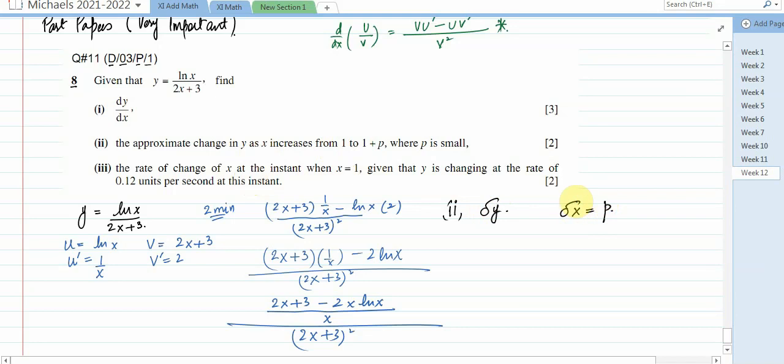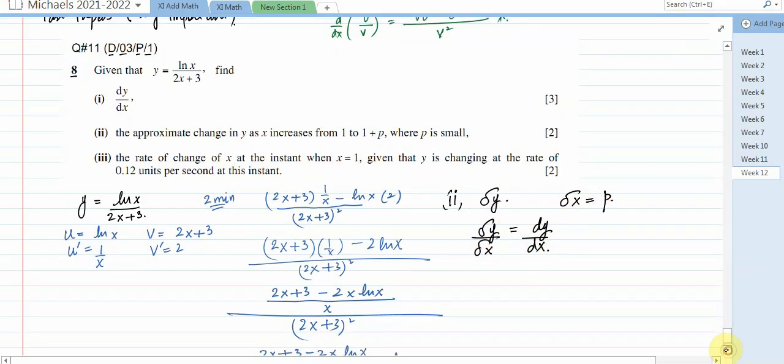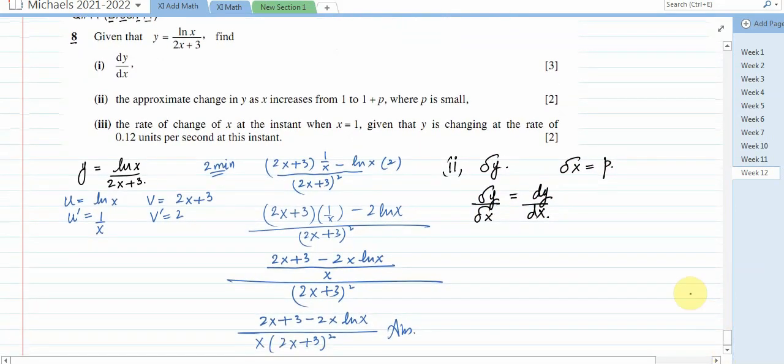The working formula we have is delta y over delta x is equal to dy over dx. The value of dy over dx we have already found in the previous part. But it says x increases from 1 to 1 plus p. So the change in x is p and the original value of x is 1.